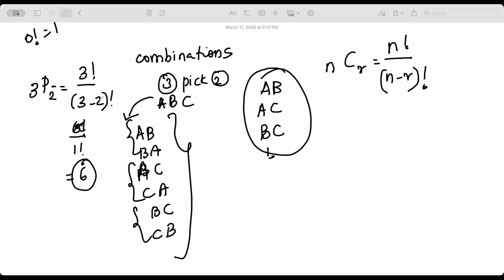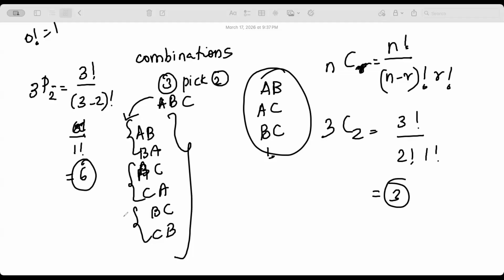So 3 choose 2 means out of 2 you choose 1, out of 2 you choose 1, out of 2 you choose 1. So you divide the entire thing by r factorial. Make sense? That is how you filter out the duplicates. So how many ways can I choose? 3 choose 2 is 3 factorial by 2 factorial times 1 factorial, which is 3. Make sense?